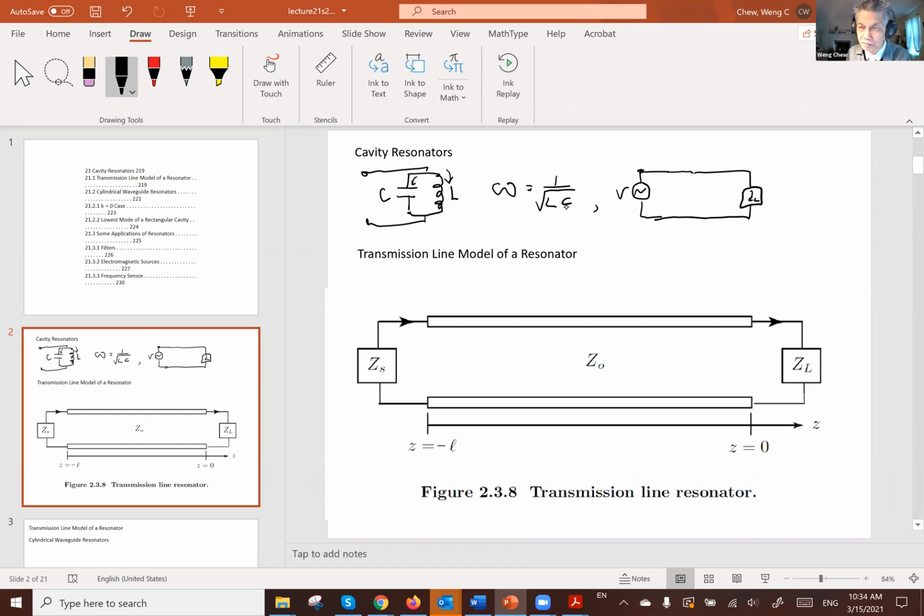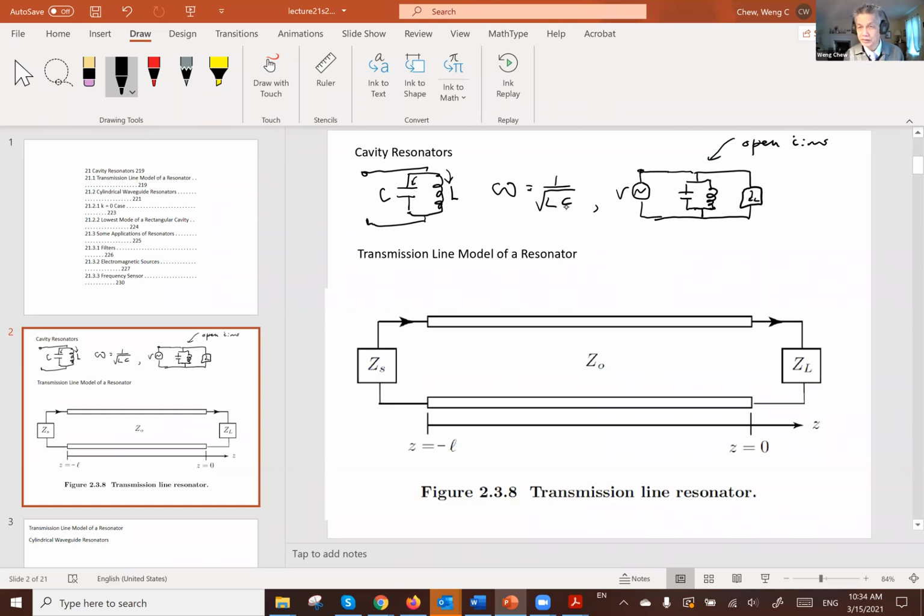But if you want to preferentially transfer only a certain frequency, you can put an LC tank circuit in parallel. When the frequency is hitting the resonance frequency of the LC tank circuit, this becomes an open circuit, and the transfer of energy is perfect.